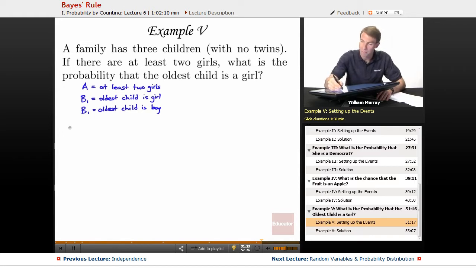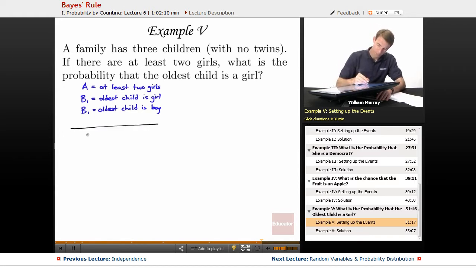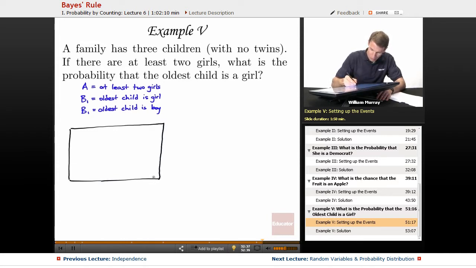So let me draw a map of this experiment. These B1 and B2, those are disjoint events because that oldest child either is a boy or a girl. So there's B1 and there's B2. But overlapping both of those is the possibility that at least 2 of them could be a girl.